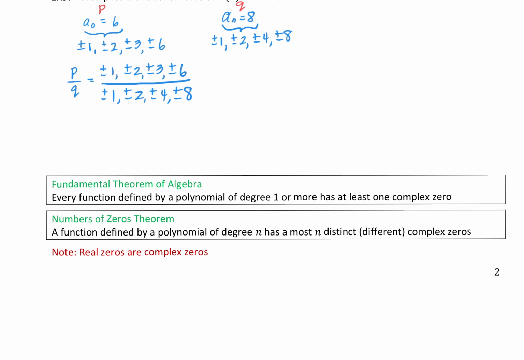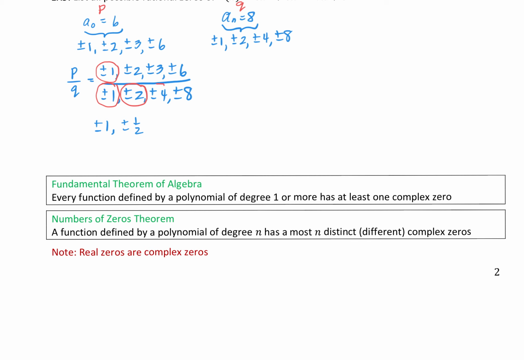So let's look at all the possible combinations. If you look at the plus and minus 1 over plus and minus 1, 1 over 1 is 1, but it's going to be plus or minus 1. Look at the plus and minus 1 over plus and minus 2. That's 1/2, so plus minus 1/2.